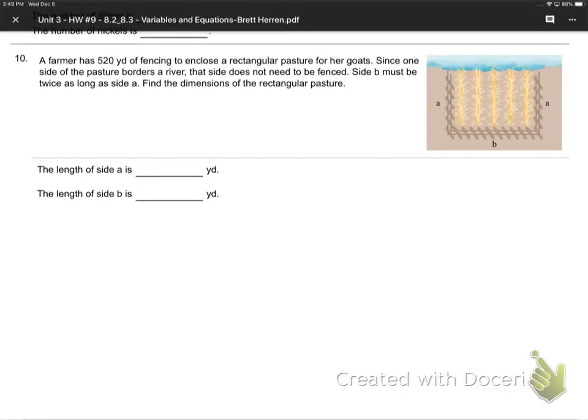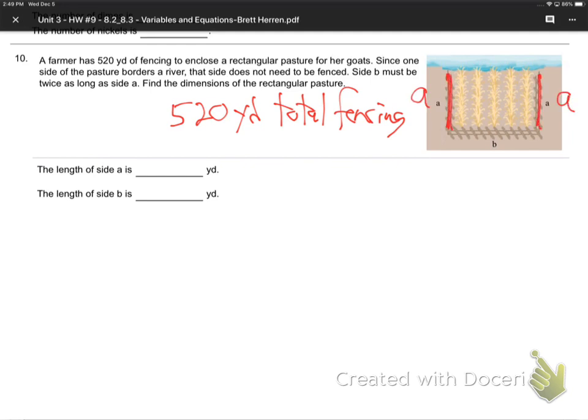A farmer has 520 yards of fencing for her goats. It's one side, river, and so on. Side B is twice as long as A. Okay, so they're doing a lot of talking, but really it's 520 yards total of fencing. This side is A. This side is also A. And this side is B down here.